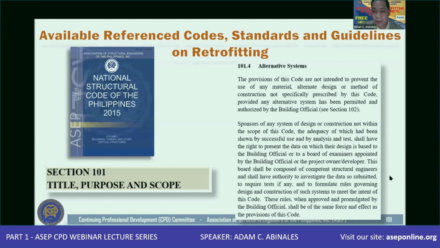So going further, any system you can use. You can use dampers, you can use isolation, you can use whatever method or combination based on this particular section of the NSCP 2015.